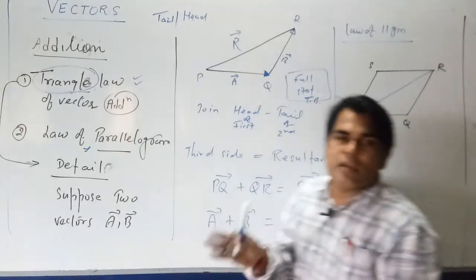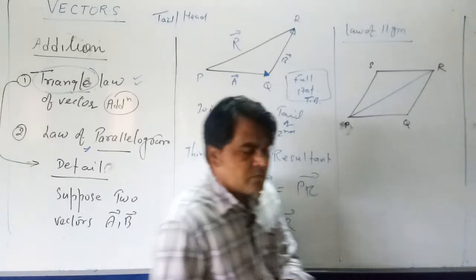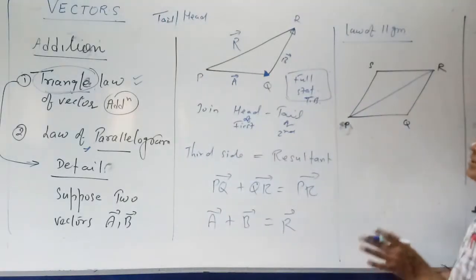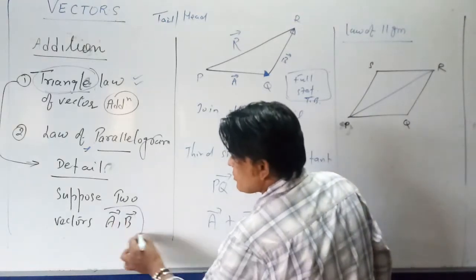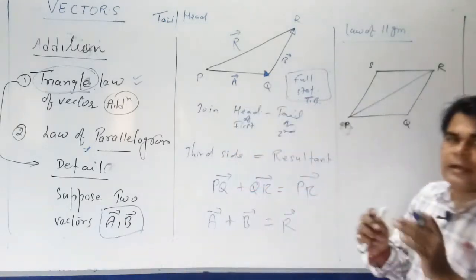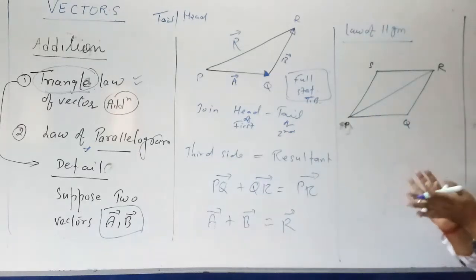Now what to do? What does the law of parallelogram say? It simply states that if you want to add these two vectors, arrange them as two adjacent sides of a parallelogram.